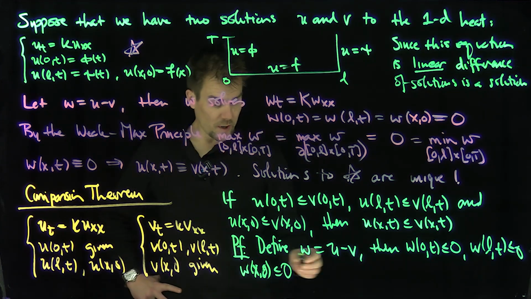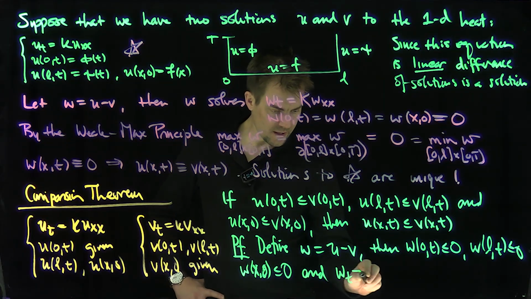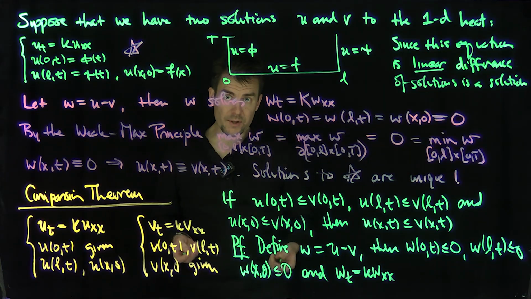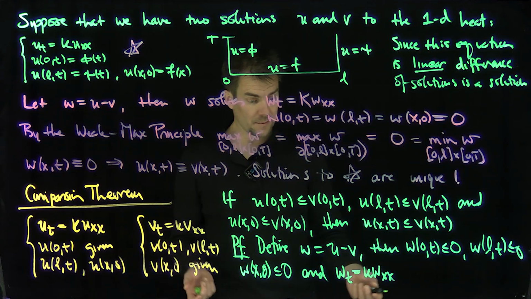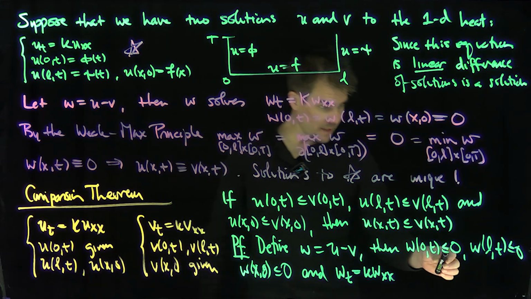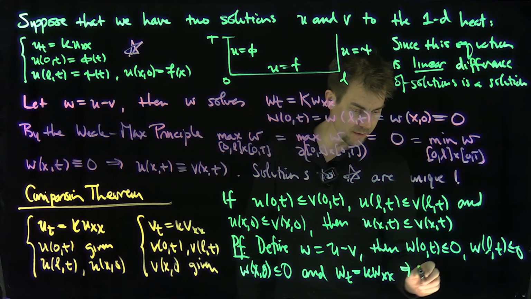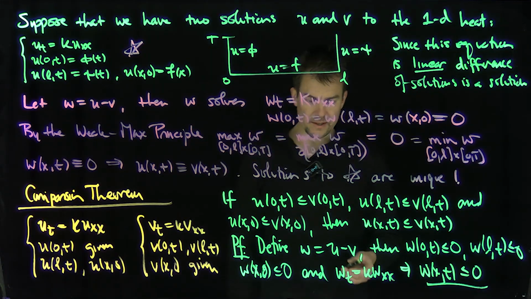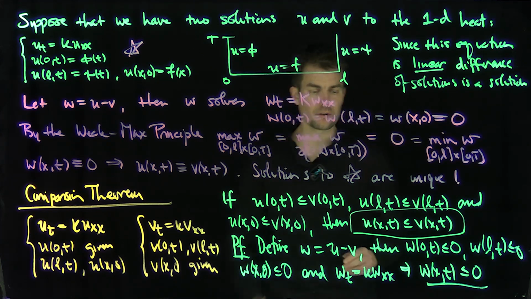And w satisfies w_t equal to k w_xx. So by the weak maximum principle, I know that the maximum of w occurs on the boundary. Well, the maximum occurring on the boundary means that the maximum is less than or equal to 0. So w is always less than or equal to 0 by the maximum principle. And if w is always less than or equal to 0, that says that u minus v is less than or equal to 0, which proves that u(x,t) is less than or equal to v(x,t).